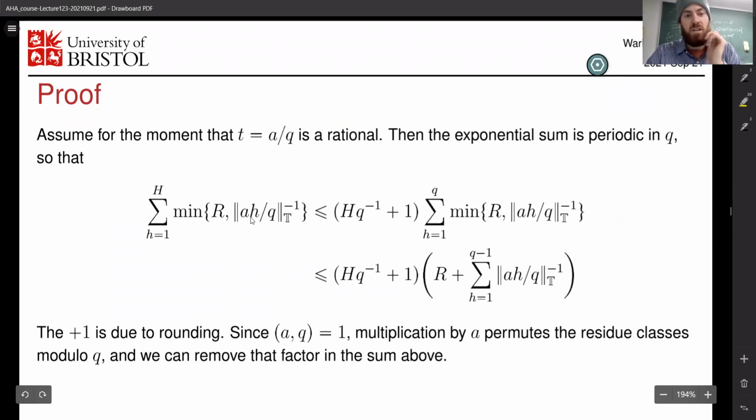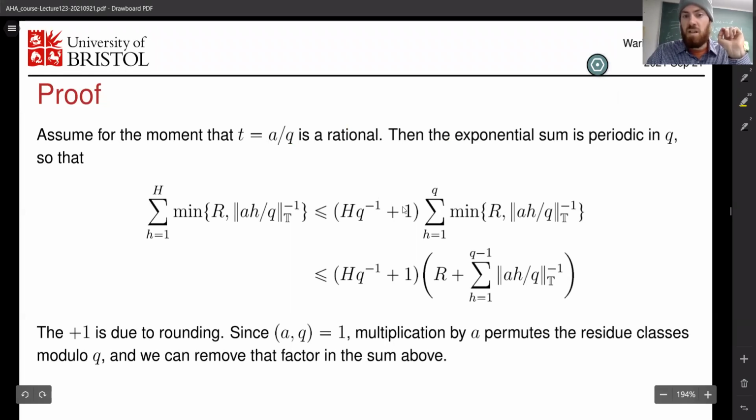As h goes from 1 to q, it's the same as it goes from q plus 1 to 2q, 2q plus 1 to 3q, and so on. So I break up h into residue classes mod q, and I have h over q possible representatives in each residue class. And for each residue class, I just have this term.